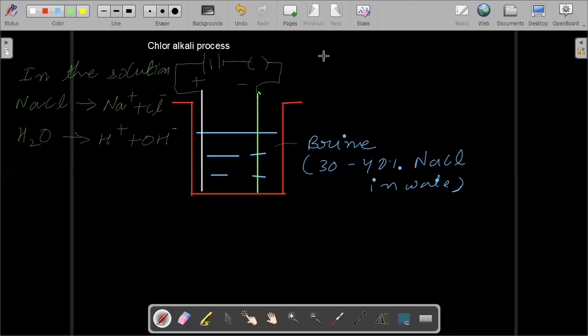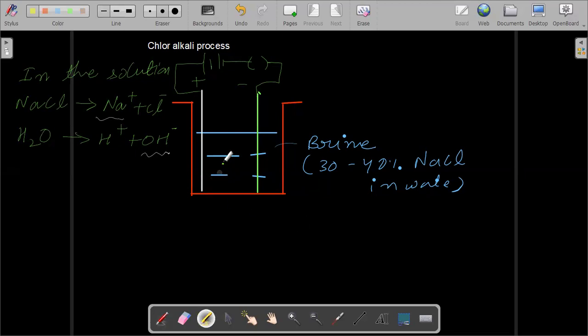Okay. So always remember here we have 4 types of ions present in the solution, and out of these ions, nothing happens to the Na plus and hydroxide ions. I will discuss why Na plus and the hydroxide ion remain in the solution, whereas the H plus ion and Cl minus ion move to the respective electrodes.